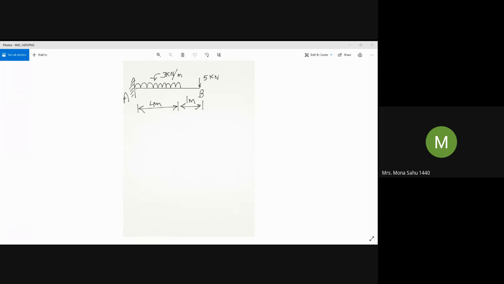So it's going to be 25 plus 24, so that is 49 kilonewton meter.